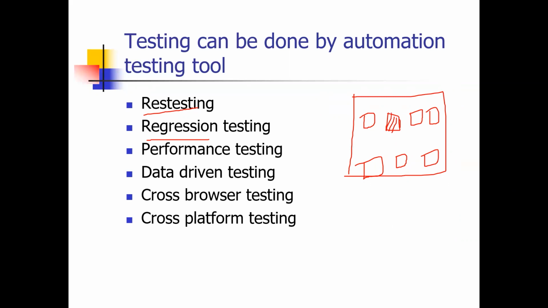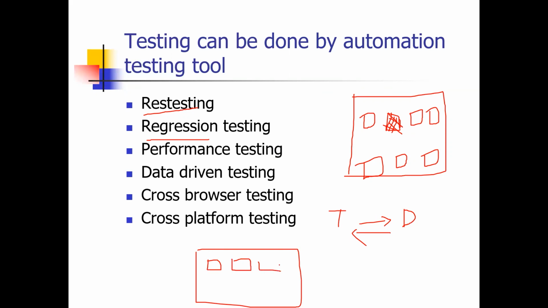Suppose an issue occurs in this particular block. The tester sends it to the developer. The developer fixes this issue and sends it again to the tester. After this, the code will be okay.